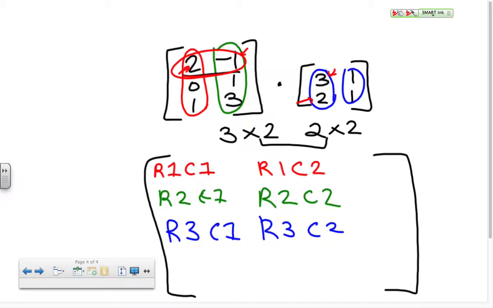I'm going to write it right underneath here: 2 times 3, plus negative 1 times 2. And that's going to give me a single number to put in there. Let's write out the rest of them now too. Row 2, 0 times 3 plus 1 times 2. Then row 3, 1 times 3 plus 3 times 2.